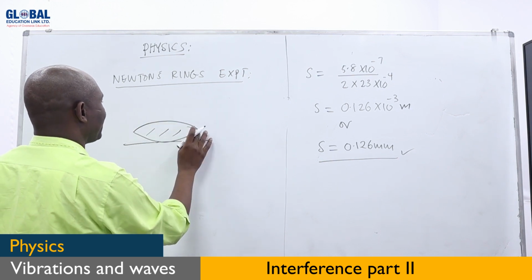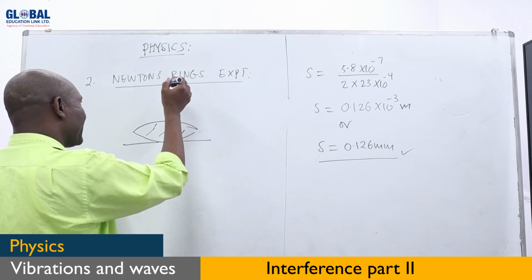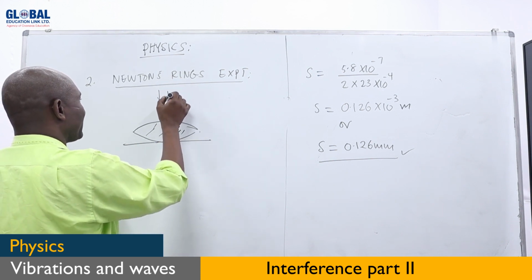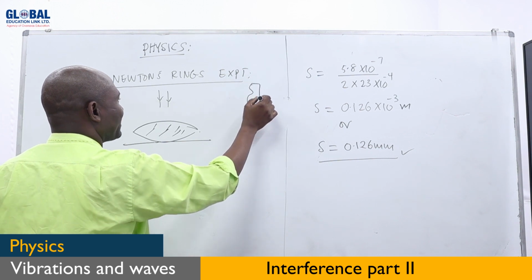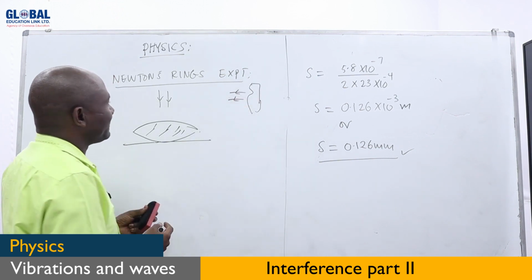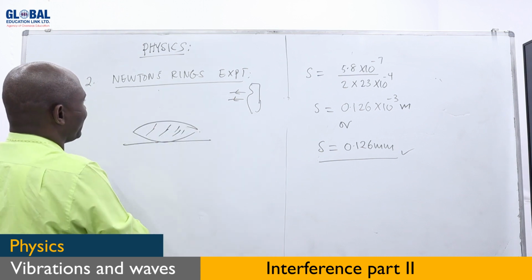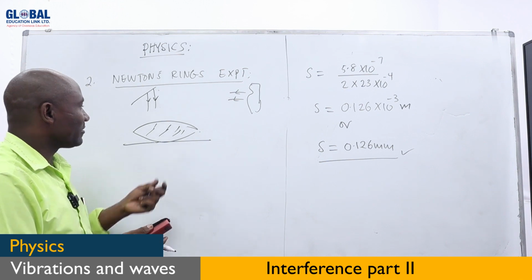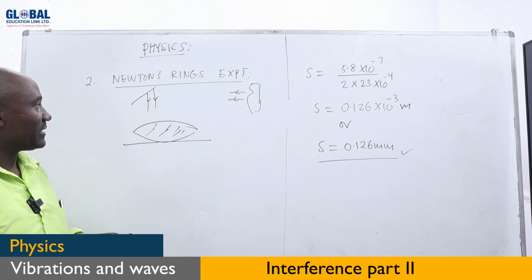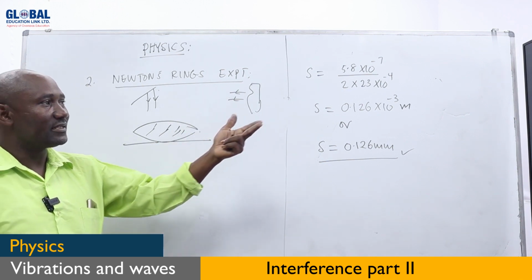You remember this lens here, and the same arrangement, and then we have the source here. We have the plane mirror, which reflects the light on the surface of the lens. So the arrangement is the same as we did in the air wedge.